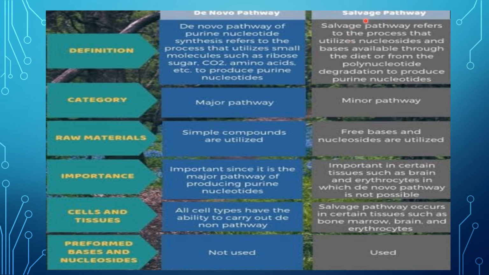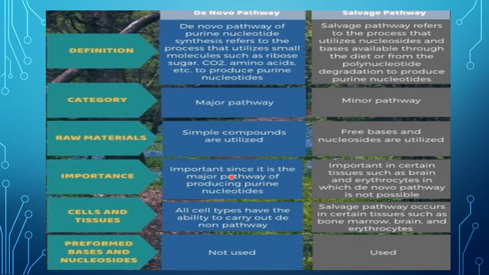While in the salvage pathway, the nucleotides are synthesized from nucleosides and nitrogenous bases. De novo pathway is a major pathway while salvage pathway is a minor pathway. In de novo synthesis, simple compounds are utilized, while in the salvage pathway, free bases and nucleosides are utilized.